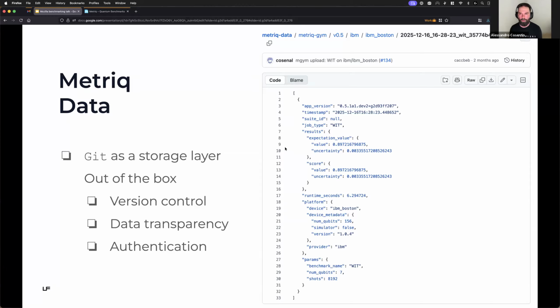That's an example of one of the results that we got on the IBM Boston machine. Their machines are named after cities. We ran that on the 16th of December, as you can see from the timestamp on the screenshot on the right.